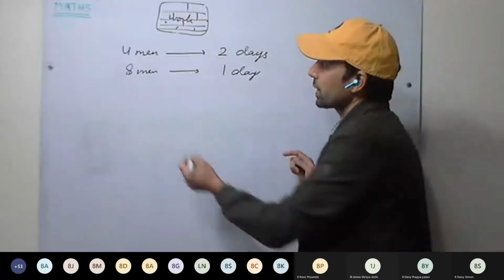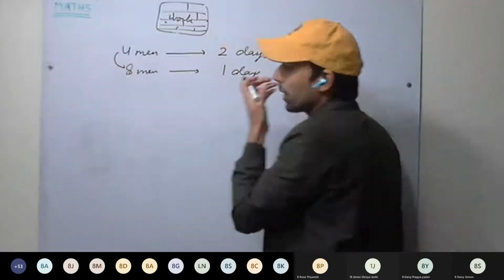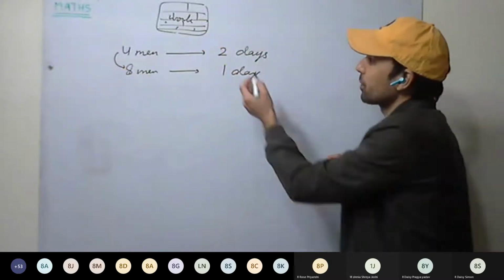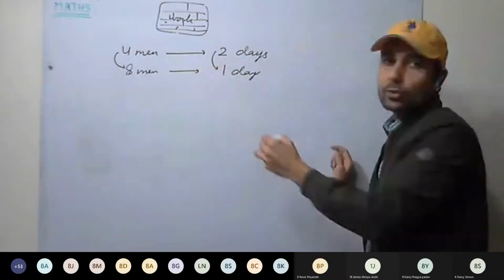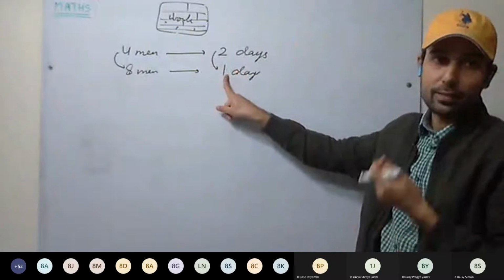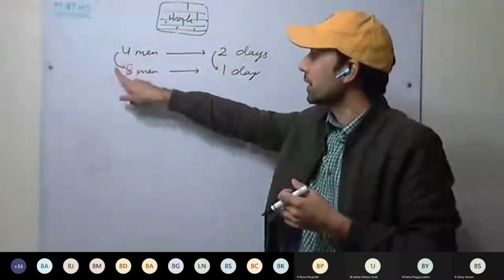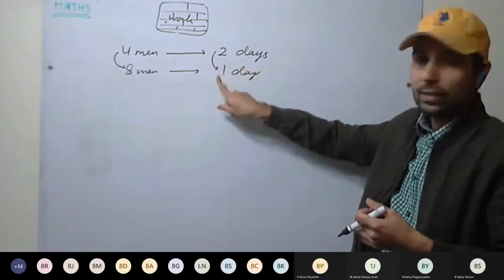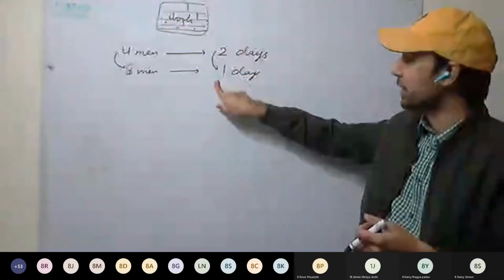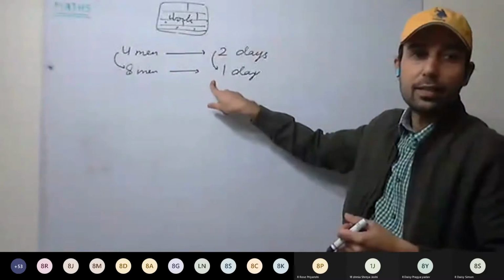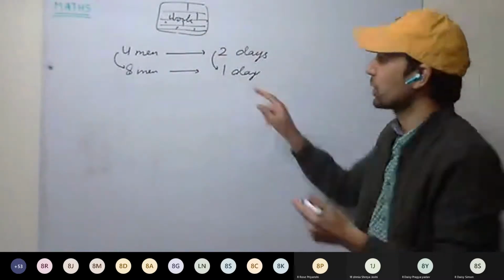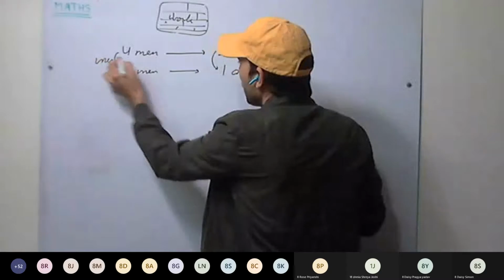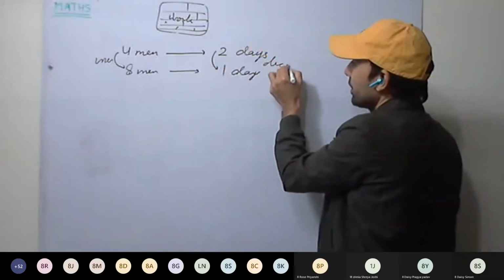Understood this one? See here, as the number of men or persons increases, the number of days to complete the work decreases. That means they are in inverse proportion, because one is increasing but the other is decreasing.